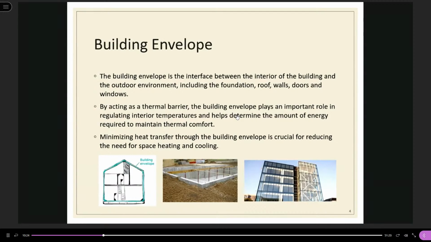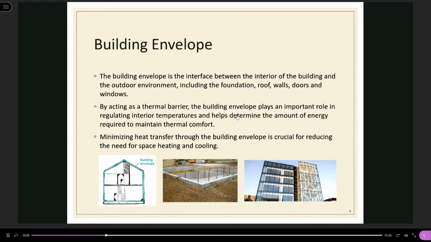And in the winter, when the air is cool, the ground is still warm, because the ground is a very big mass of soil, and there will be a delay time in the heat transfer. So the building envelope includes the foundation, the roof, the walls, the doors, and the windows.